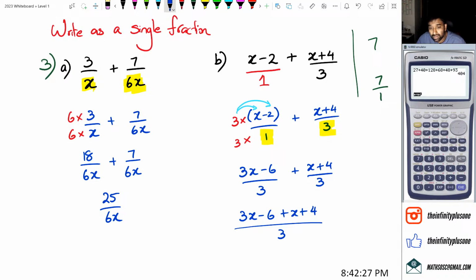Then you just collect the like terms. You've got 3x and x, which is 4x, and then minus 6 and positive 4 is minus 2. And all of that is over 3.